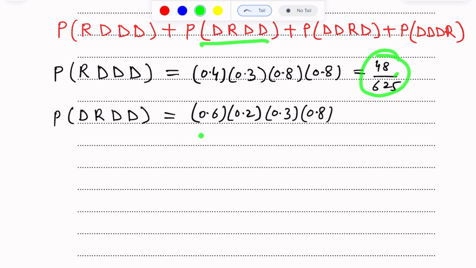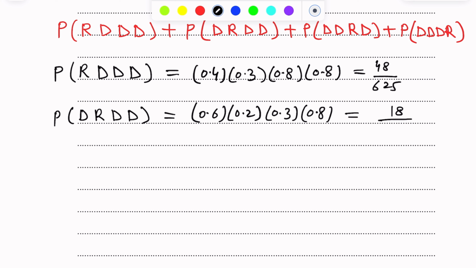For the second option, multiplying these, we get 18 over 625. The next option is DDRD.